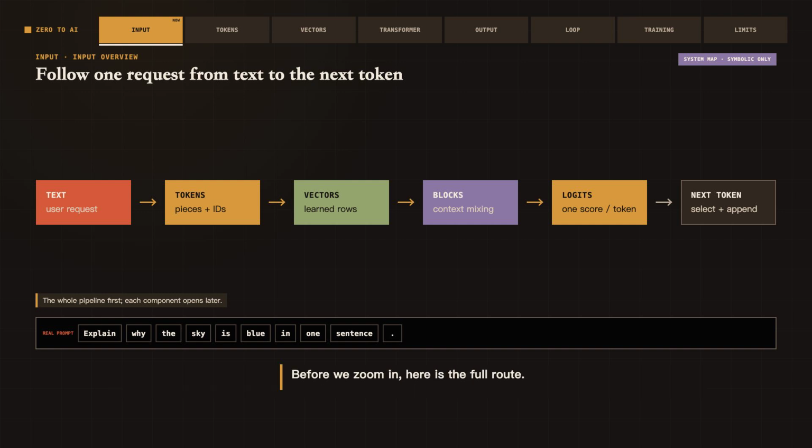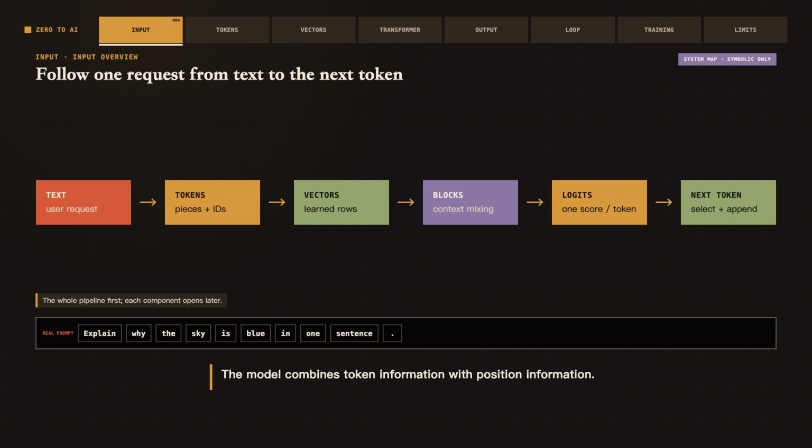Before we zoom in, here is the full route. Your chat application first builds the actual model input. A tokenizer converts the text into token IDs. An embedding table converts each ID into a vector. The model combines token information with position information. A stack of transformer blocks repeatedly updates every vector.